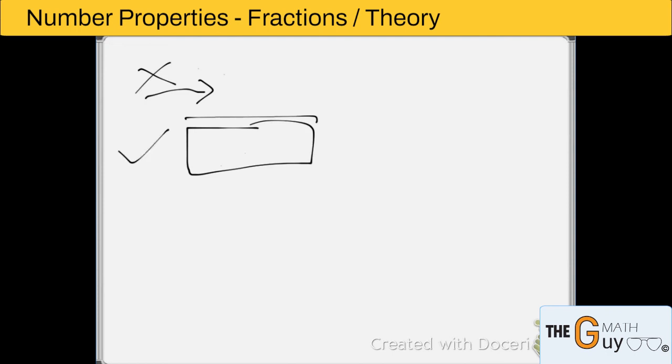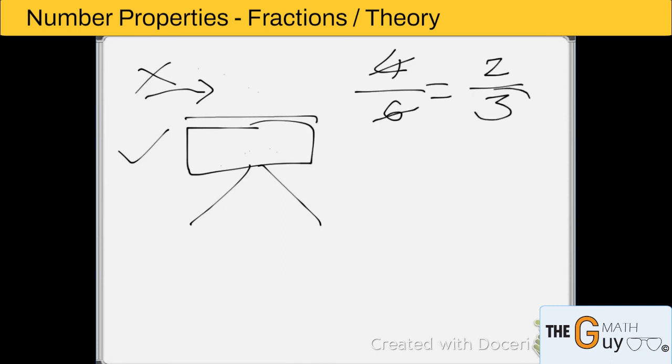The trick you need to know is that you always look at the denominator of the fraction. Doesn't matter what is in the numerator. Nobody cares. So don't look at the numerator. Look at the denominator. First simplify the fraction and bring it to its simplest form. So if I have 4 over 6, I simplify this to 2 over 3, and then I look at the denominator.